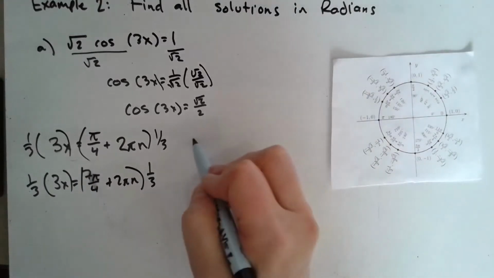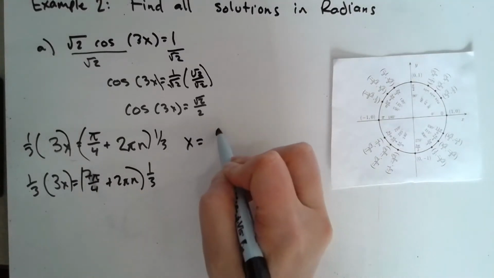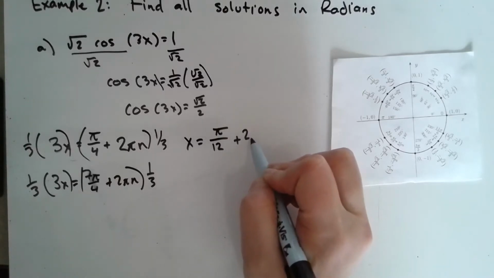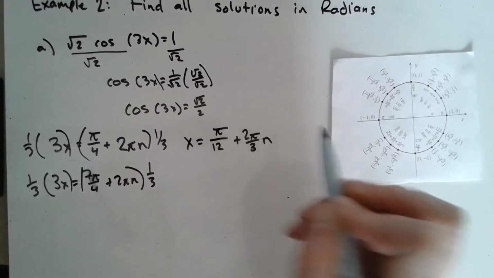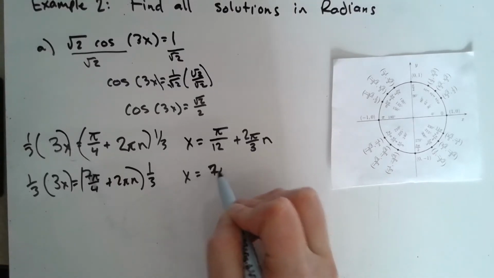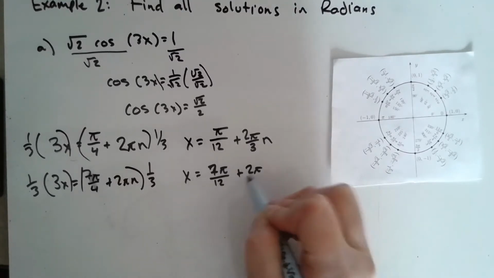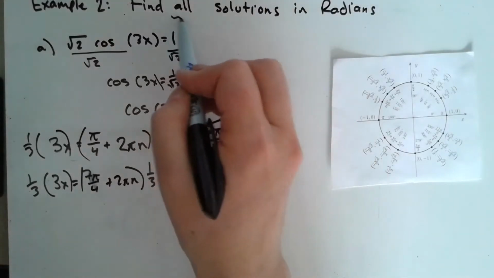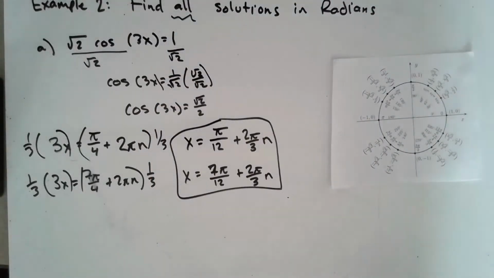So then I'd get x equals pi twelfths plus 2 pi thirds n, and x equals 7 pi twelfths plus 2 pi thirds n. So these are going to be all solutions. Okay, this is going to get every single one of them.